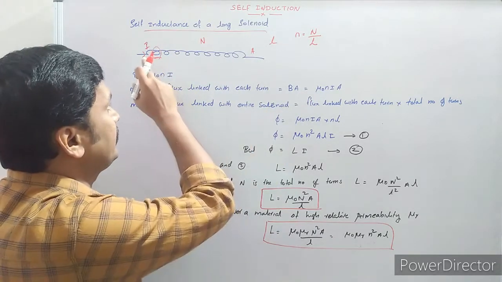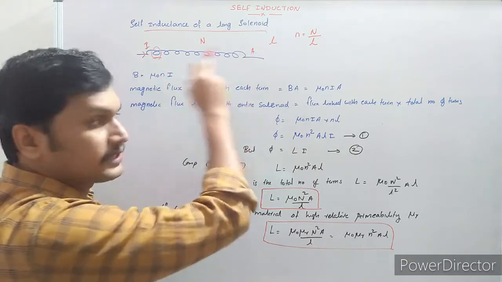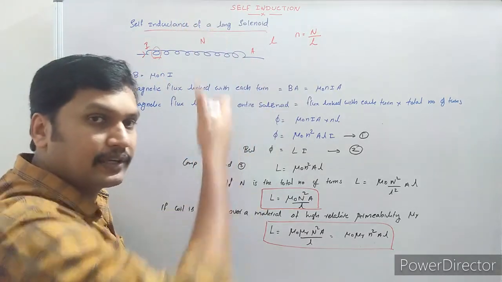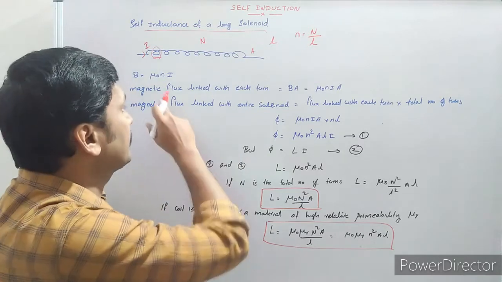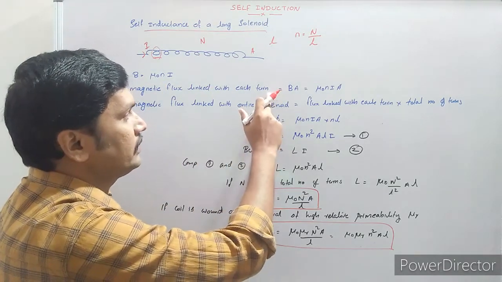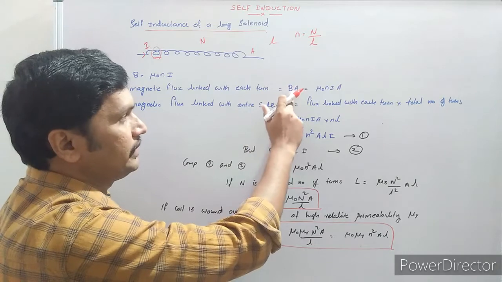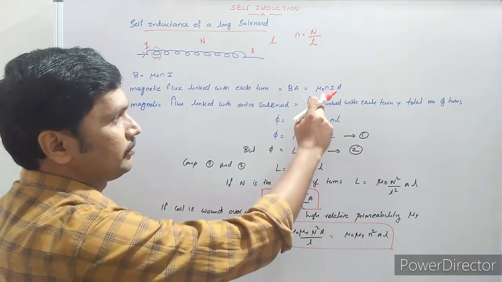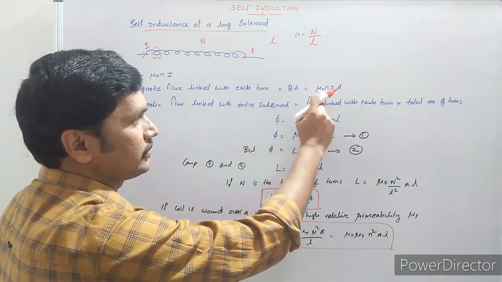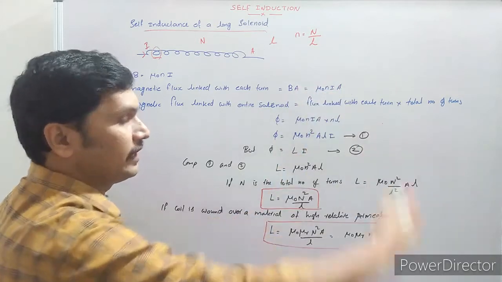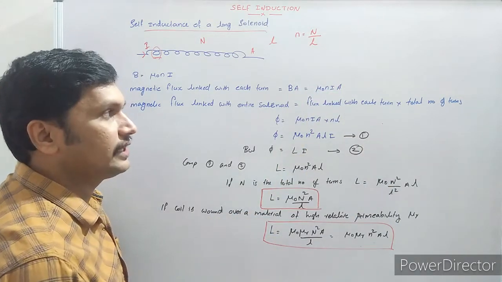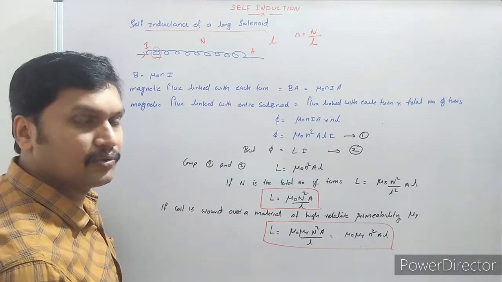The magnetic field is parallel to the length of the solenoid, or perpendicular to each turn. So we can directly write the magnetic flux associated with each turn is equal to B into A, that is mu 0 n i into A. If r is the radius, we can write mu 0 n i into pi r square.